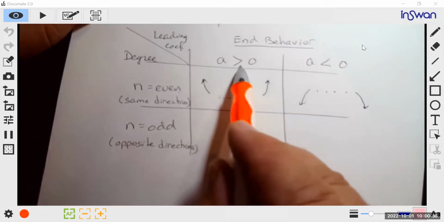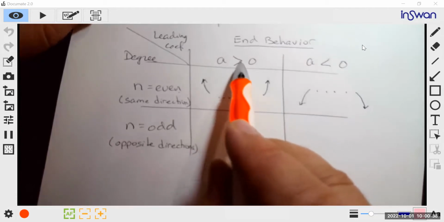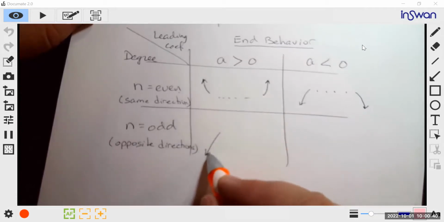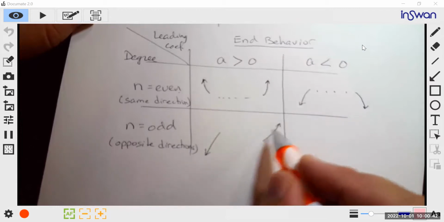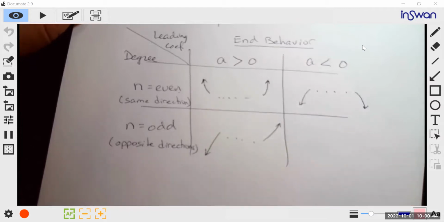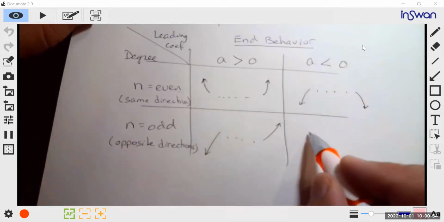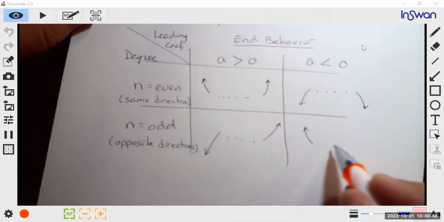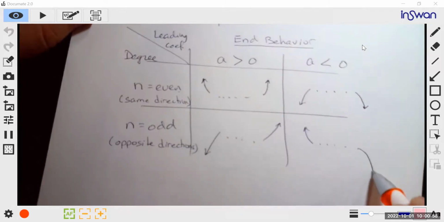If the leading coefficient, a, is positive, that means the negatives go to negatives and the positives go to positives. And if a is negative, then it switches. The negatives go to positive and the positives go to negatives.